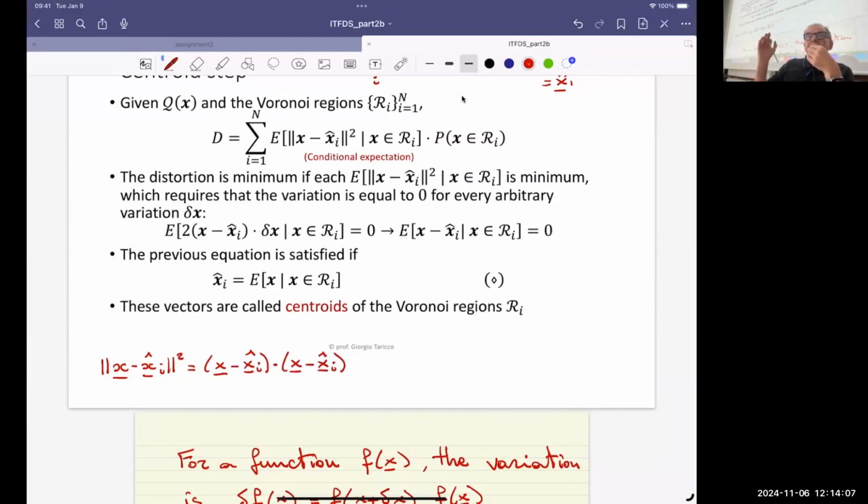Calculating the variation follows exactly the same rules as calculating a differential.